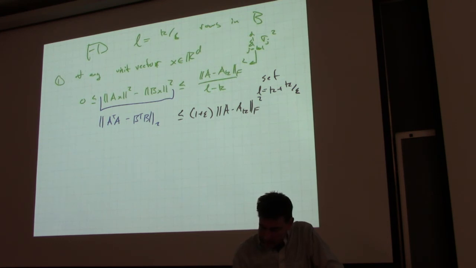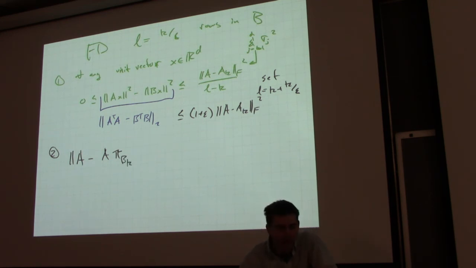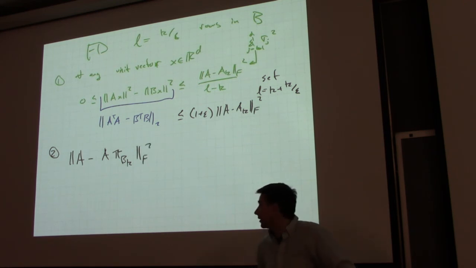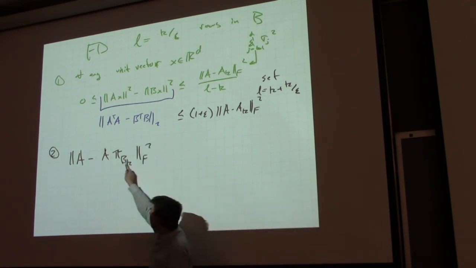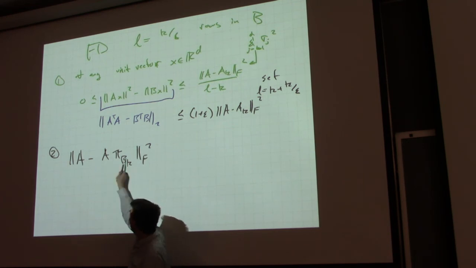Okay, and then there's a second error guarantee that looks like the projection one from before. I can define some projection onto the top k. So I can look at the best rank k subspace of B and project A onto that.